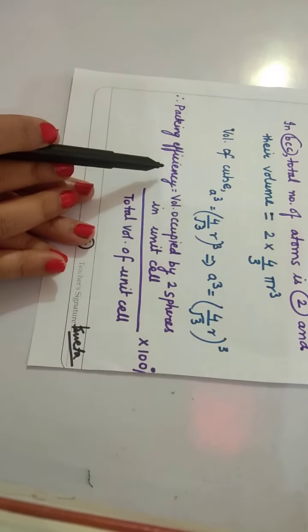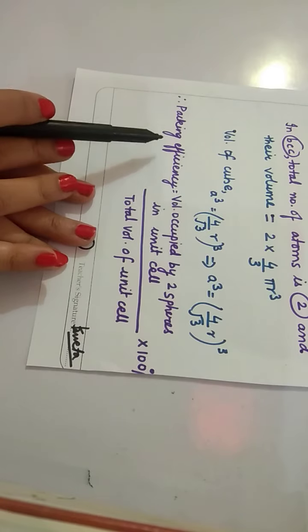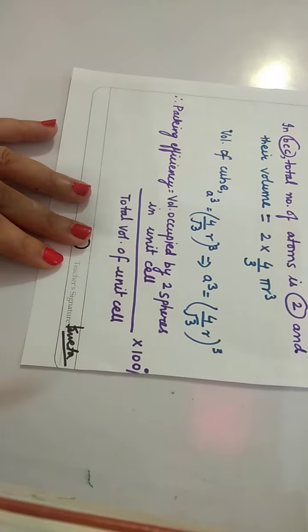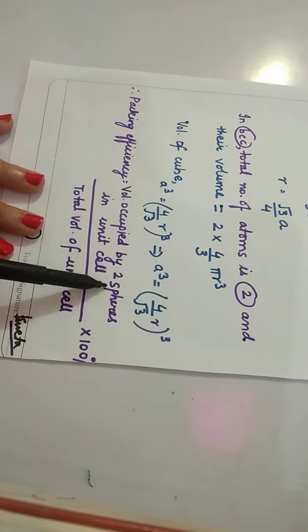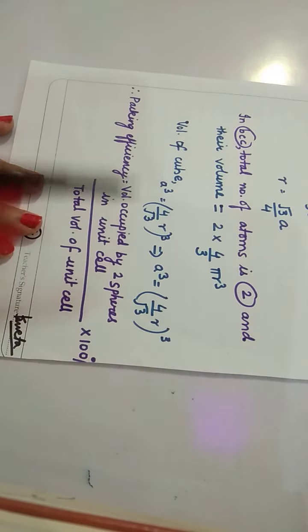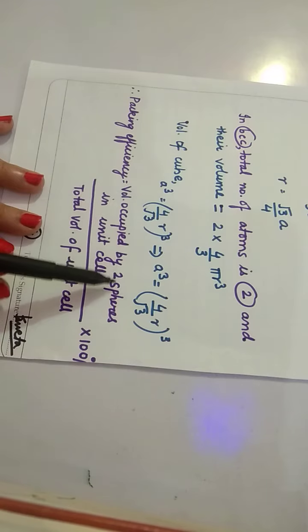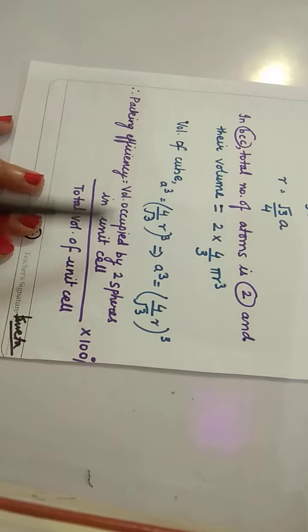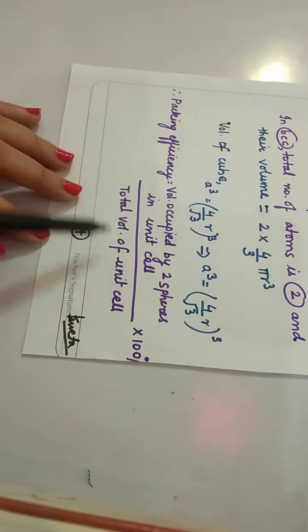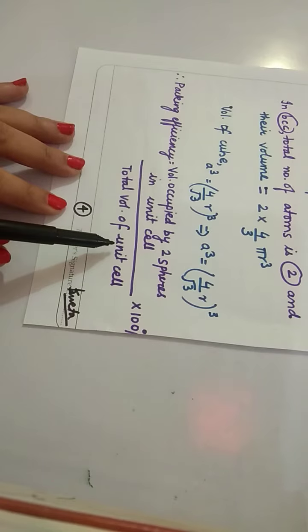And this formula we have done earlier also. Packing efficiency is equals to, in case of HCP, the volume occupied by 4 spheres. And in case of BCC, it is volume occupied by 2 spheres, as there are 2 atoms in BCC unit cell, divided by total volume of unit cell.